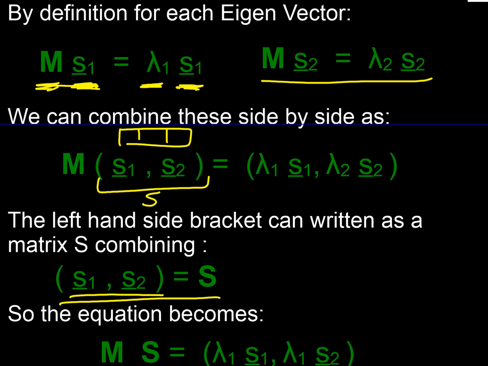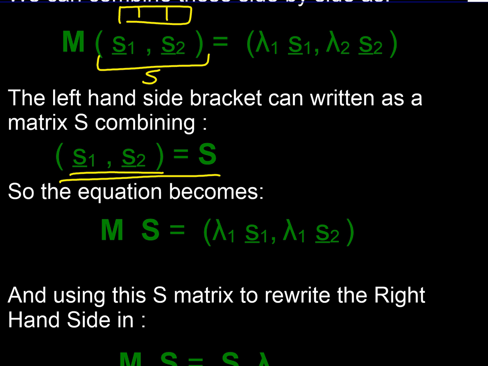We're going to call that S1, S2 our eigenvector matrix, which means our left-hand side of this equation just becomes MS. We take our M matrix and multiply it by our eigenvector matrix, and we get another matrix.